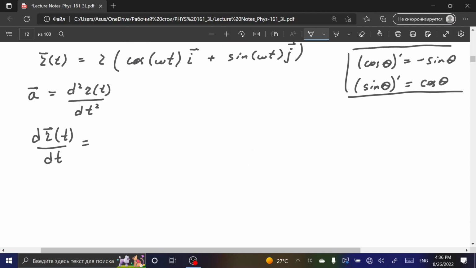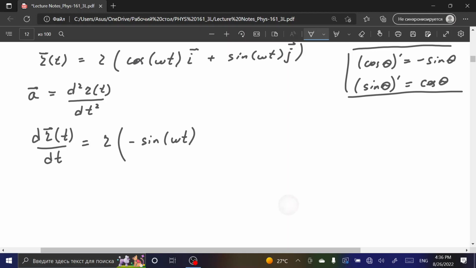So what do we have? We have the constant radius untouched. Then we have minus sine omega t, and since we have another function in the argument of sine, we need to multiply the derivative of cosine by the derivative of its argument.